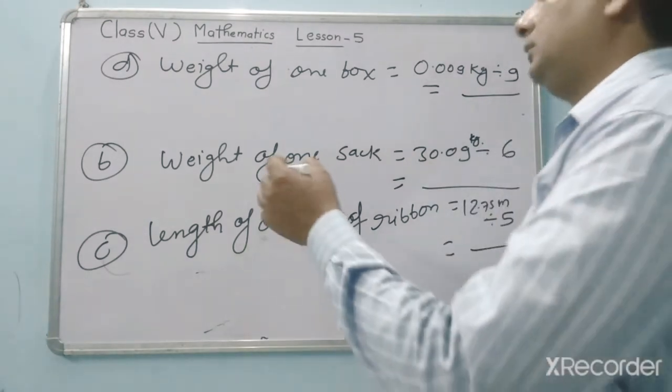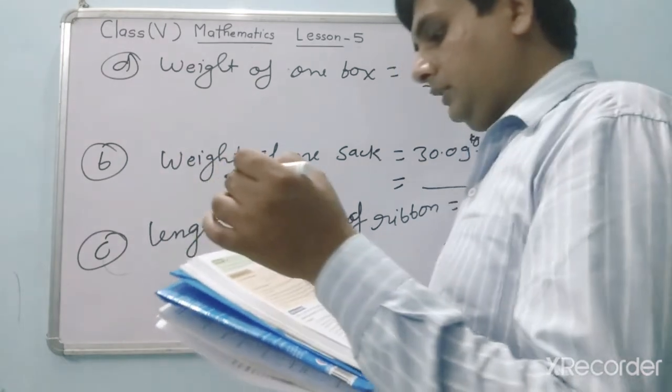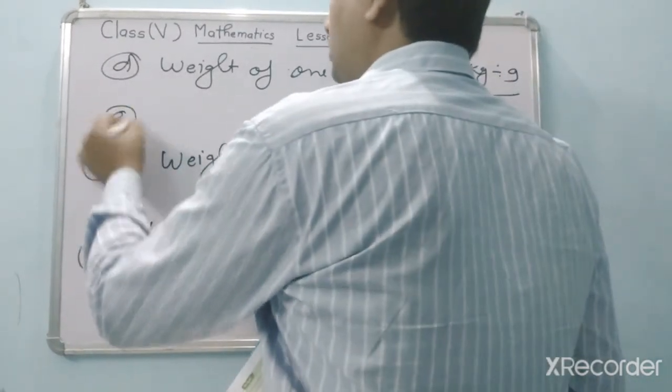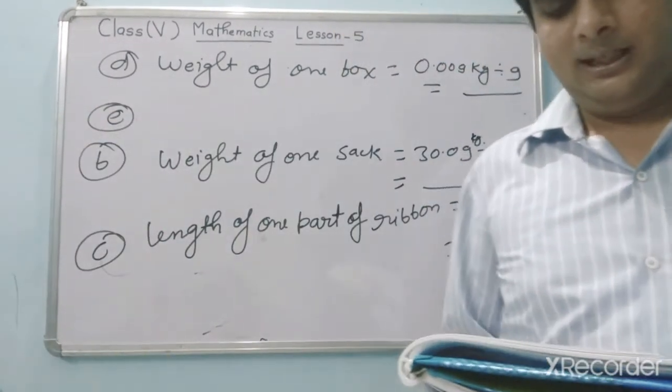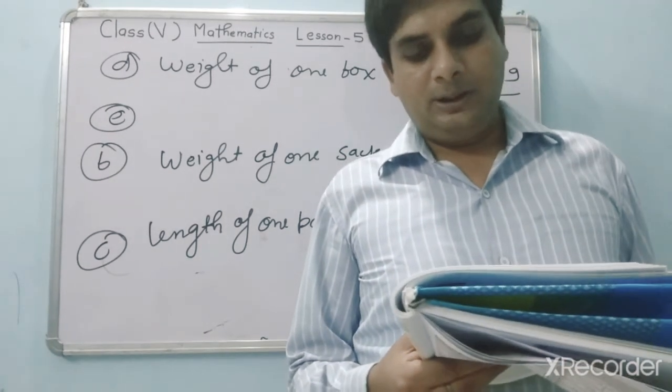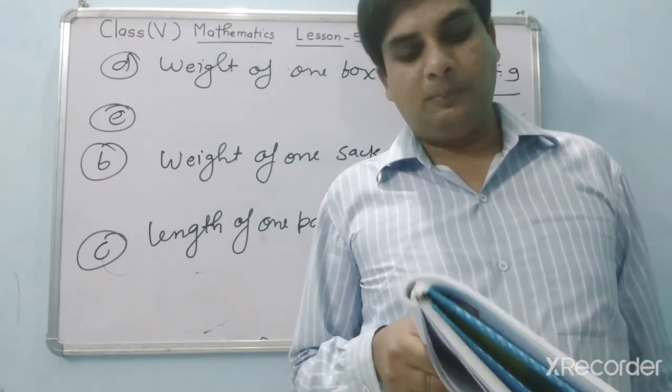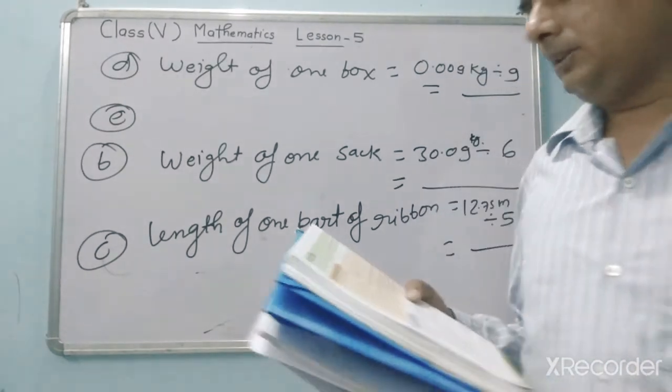Okay. Next question number E. That is the last question also of your exercise. If rupees 665 is to be distributed among 3 people, how much will each person get?